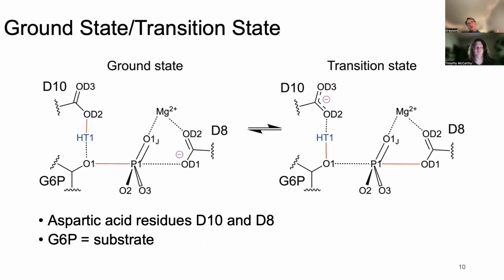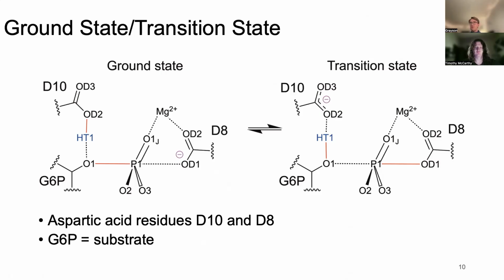Additionally, a comparison of the ground state, beta PGM G6P complex with the trapped transition state showed how the active site is recognized during catalysis.